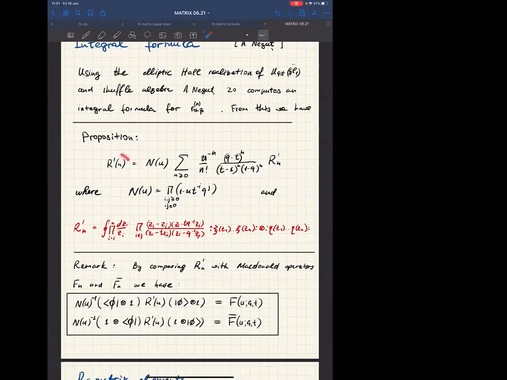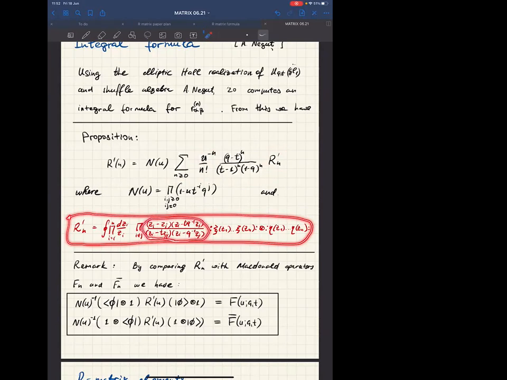We have this factor R prime of U that we would like to compute, and after using this, we can write it as a series in the spectral parameter with the coefficients R n prime. These coefficients are given by the following integral over here. You can see this is a rational function that showed up before when I talked about the Macdonald operators, the F operators.